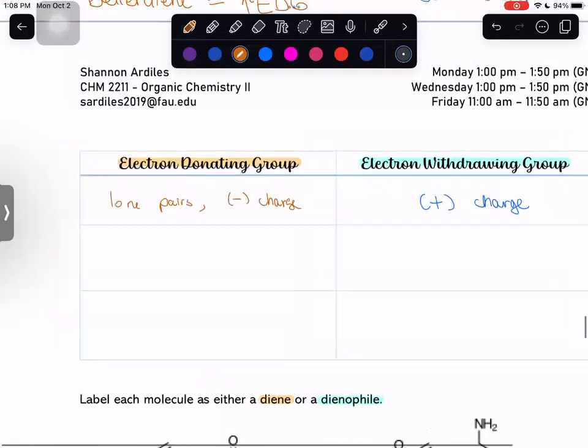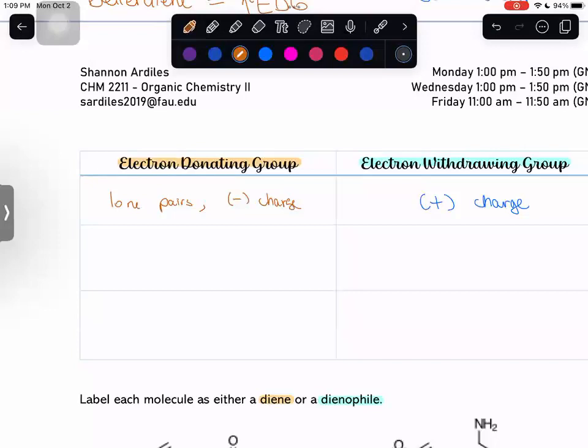Now, your professor was talking about how certain groups can contribute by resonance or induction effects, right? Did we get that part? Can someone really quickly explain what resonance contribution or induction contribution means? In resonance, the oxygen provides electrons to help push the reaction forward by using a lone pair where it's needed to react.